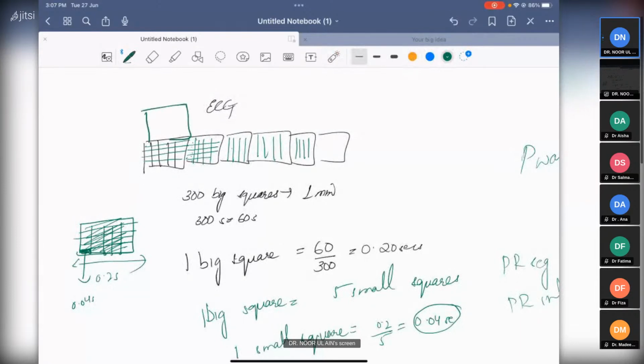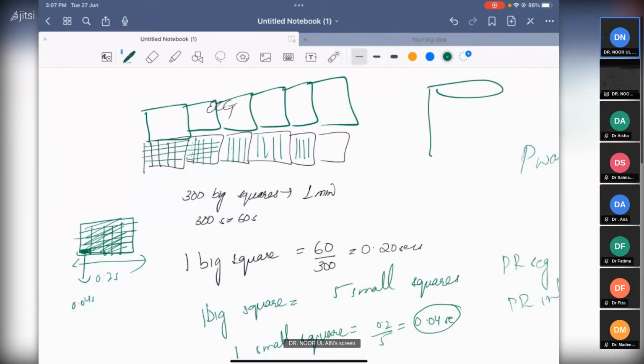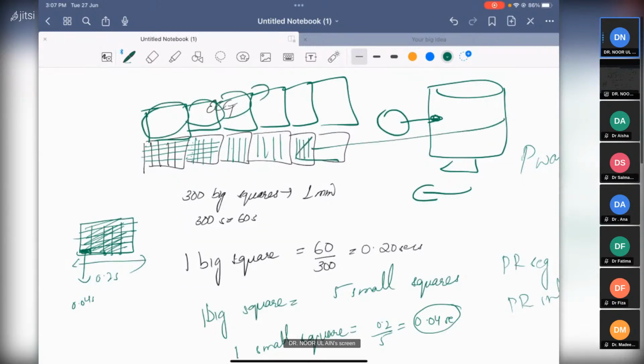These are your ECG boxes. If you remember, last time I put up an ECG machine like this, I put up a galvanometer, I put a needle, and I told you there is a stand and the ECG strip is moving like this, right? Of course now the ECG strip is moving, so there must be a speed that it is moving with. Remember the standard speed of an ECG machine is 300 big boxes moving in 1 minute.